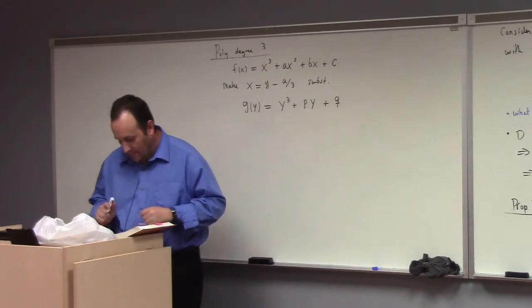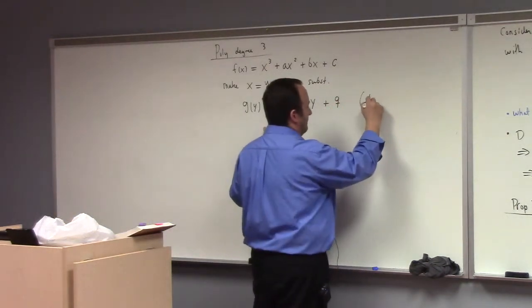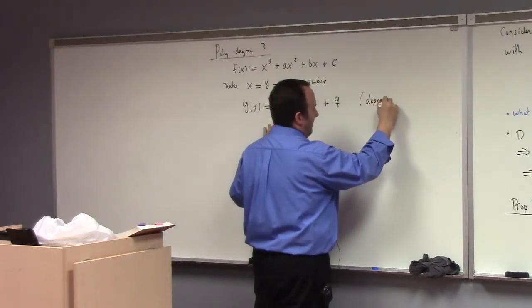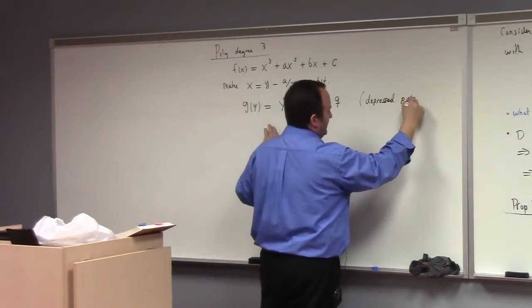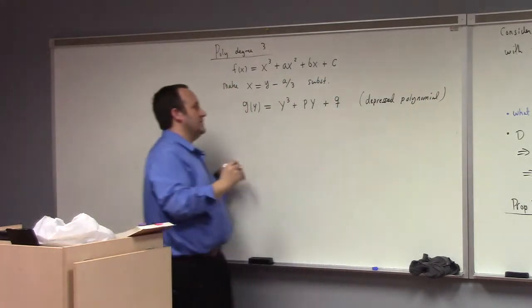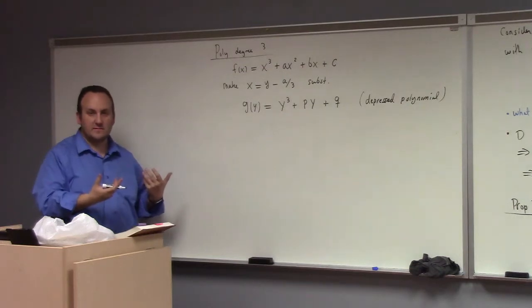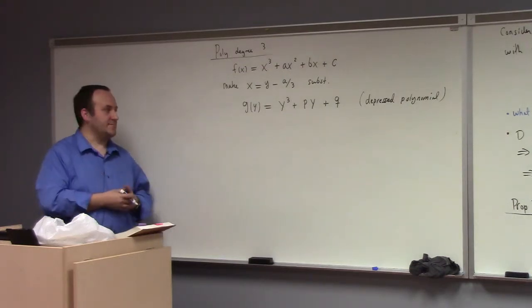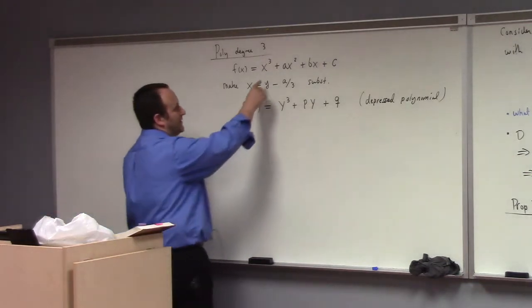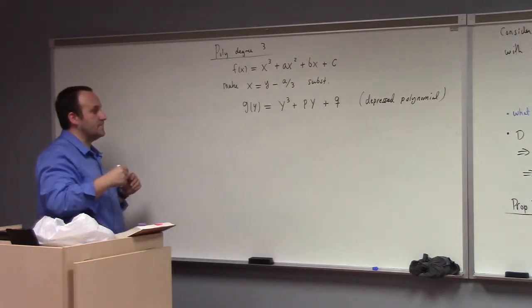So this is called a depressed polynomial. A depressed polynomial is one for which you've done the generalization of the completing the square trick. You've gotten rid of the next to leading term here. As you can see, there's no squared term here, right?